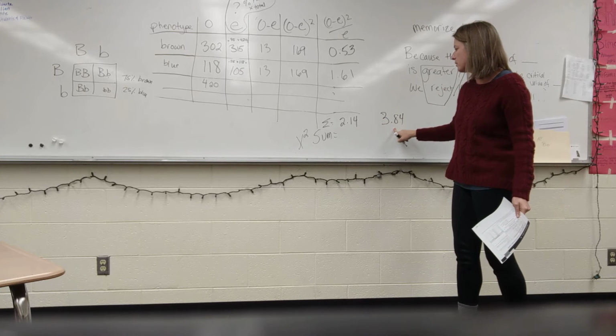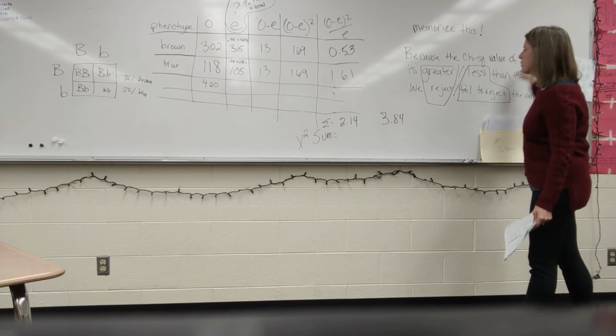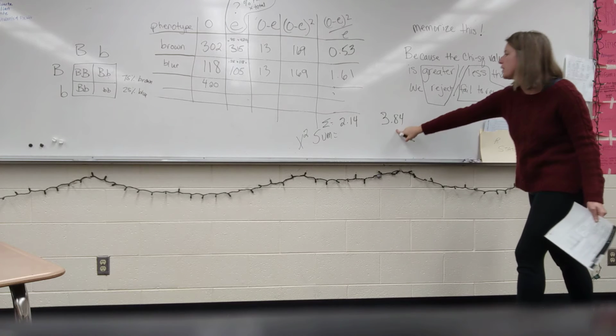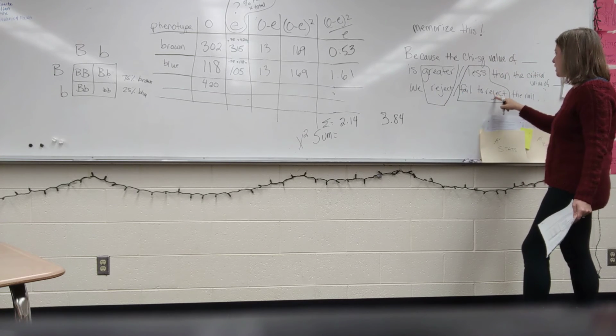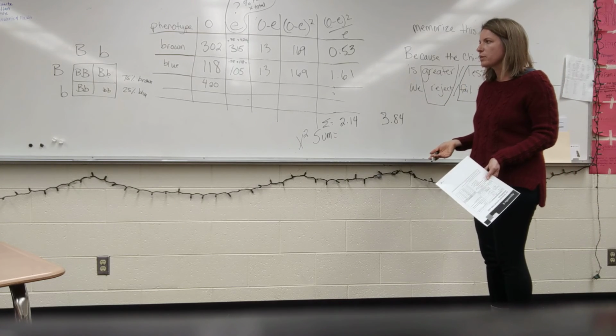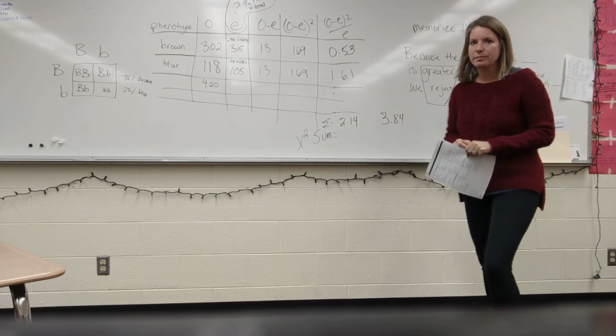That's our critical value. That one's less. So because the chi-squared value of 2.14 is less than the critical value of 3.84, we fail to reject the null. Nothing interesting is going on here. It's probably following normal Mendelian genetics. It looks like it is. Good luck.